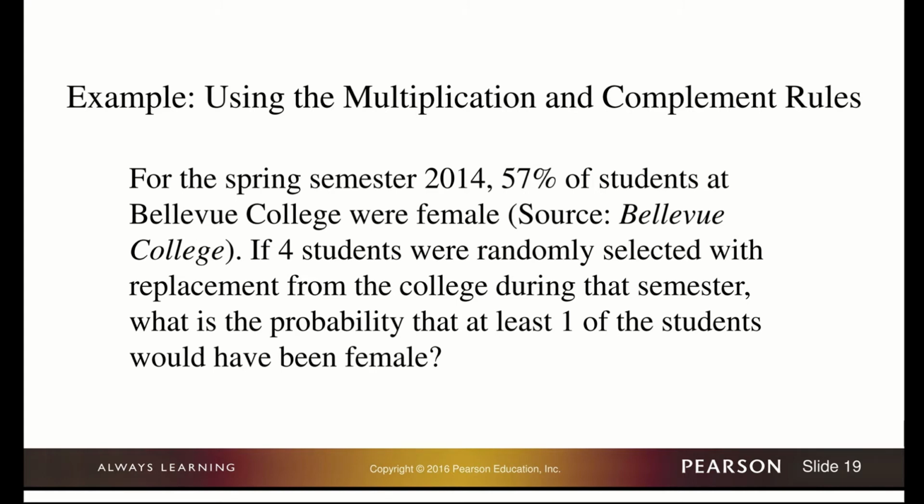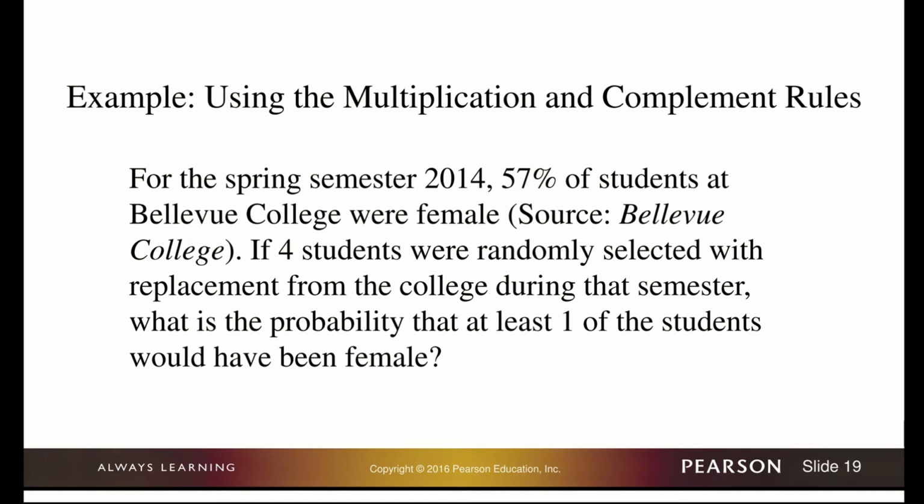If 4 students were randomly selected with replacement from the college during that semester, what is the probability that at least one of the students would have been female? So we say with replacement, that means after a choice is made, it goes back into the pool where the second choice can be made, right, etc., on and on.